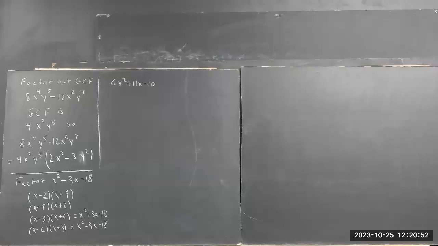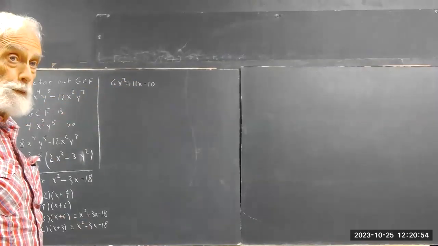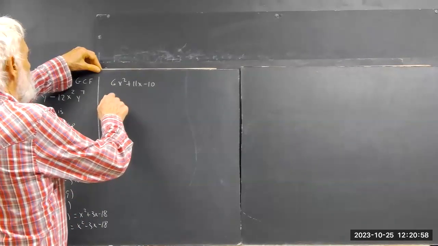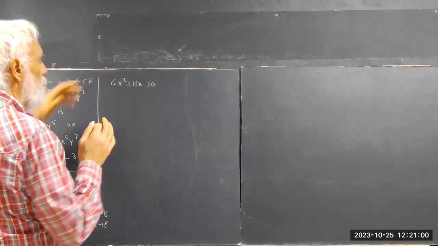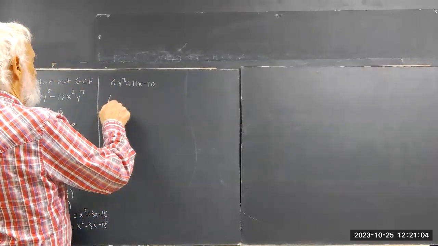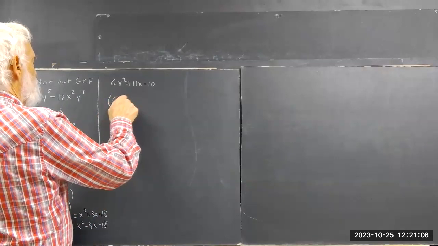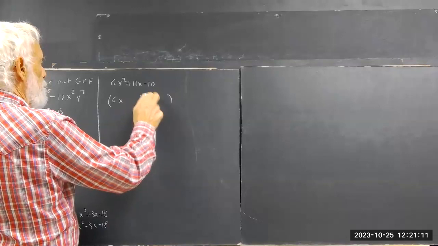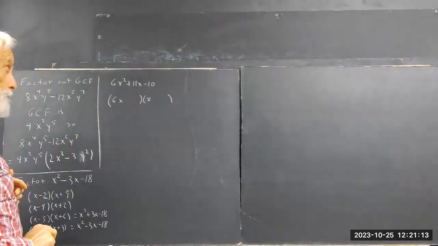Okay. Now, if we want to factor this, it's a bit of a can of worms. 6 could be 1 times 6 or 2 times 3. So we could have 6x here and x here, and then we've got to fill in factors that give us negative 10.